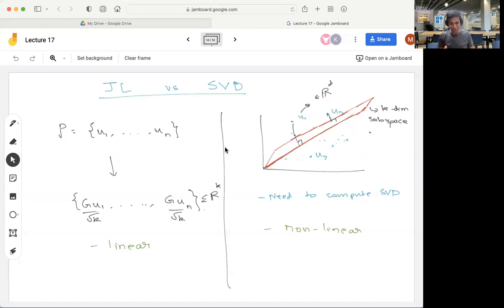So these are just some observations. And of course, these are not the only methods for dimension reduction. There are many more. These are just a couple of examples that we saw through the concepts we studied in the course.